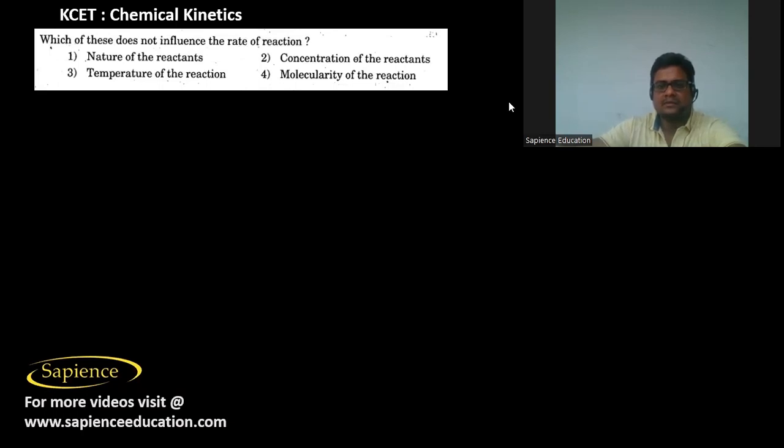Then here it is told which of these does not influence the rate of this reaction. So the nature of the reactants will obviously influence the rate of the reaction.